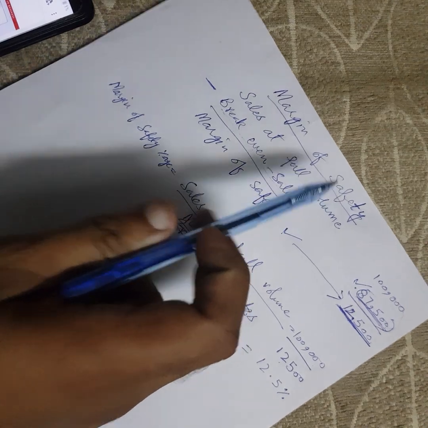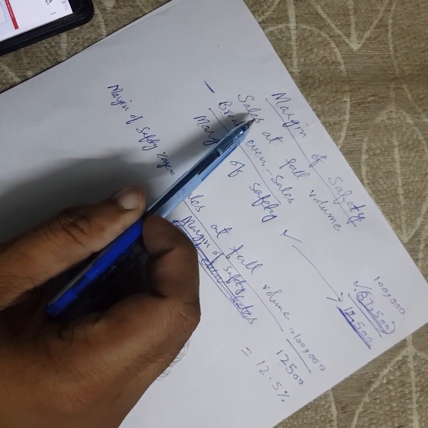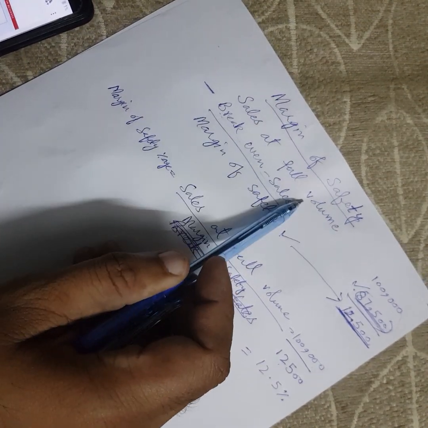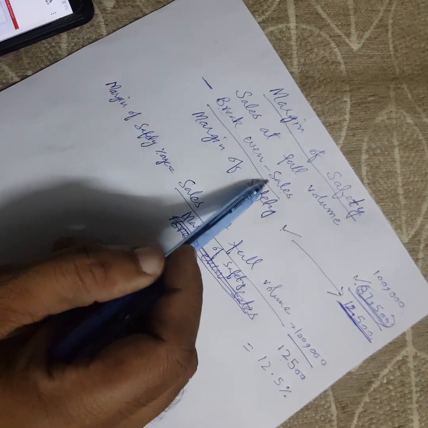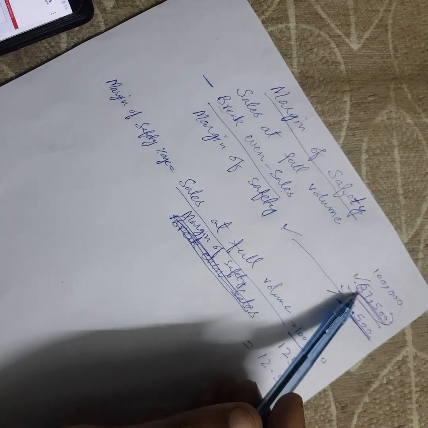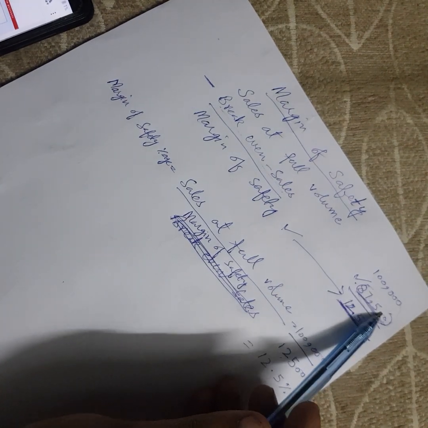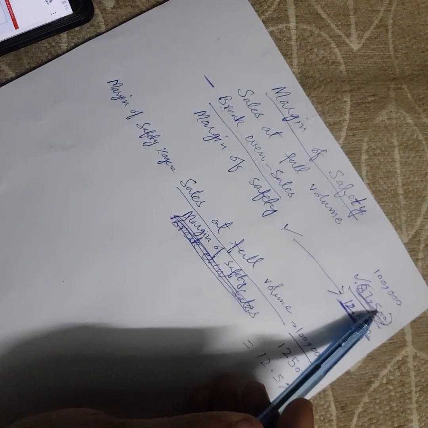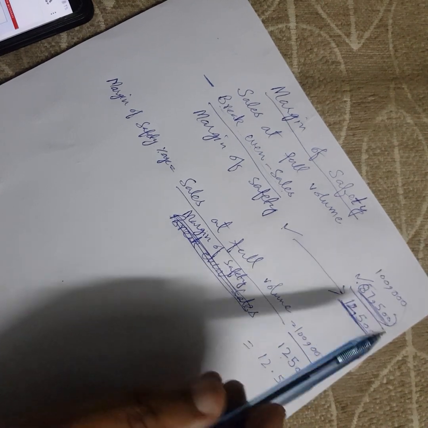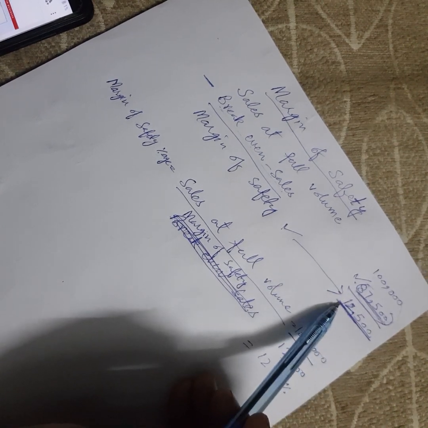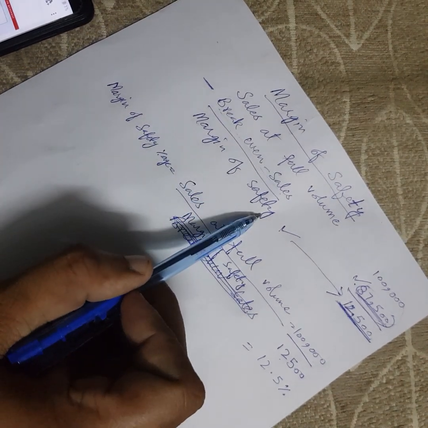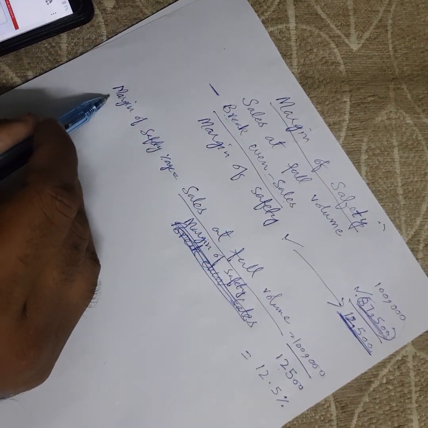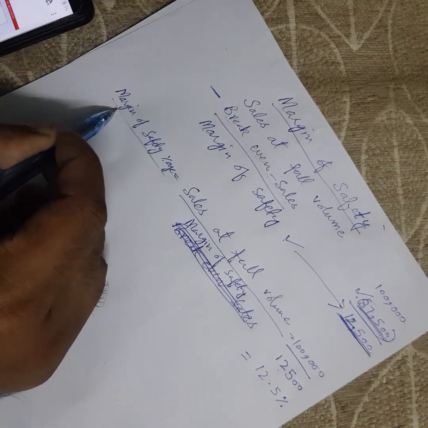Margin of safety is calculated by taking the difference of sales at full volume, that is 1 lakh, and break even sales, that is 87,500. It is the point at which our revenue and expenses become equal, and every extra amount will be considered as our profit. That is called margin of safety. Now, how will we calculate the margin of safety percentage?